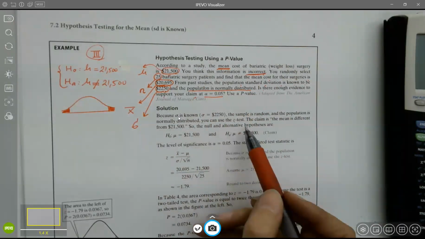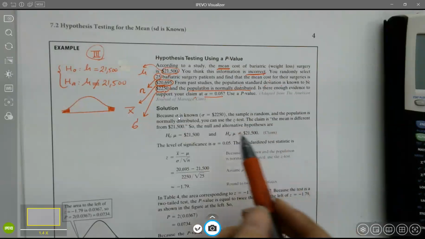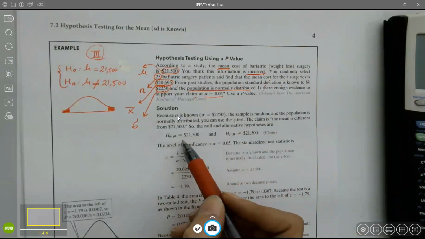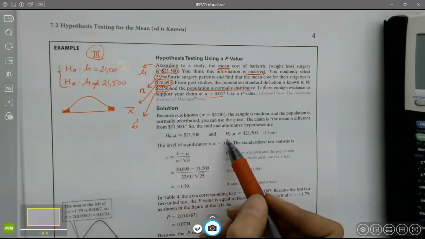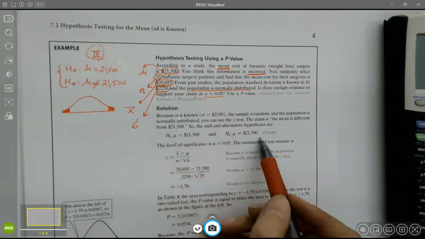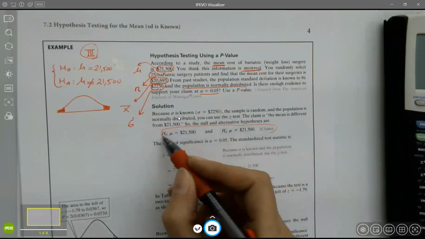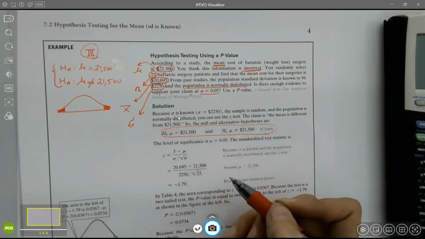So the null and alternative hypotheses are as follows. The null hypothesis says the mean is equal to 21,500, and the alternative hypothesis says no, it's not. And this is your claim. The claim is your alternative hypothesis.